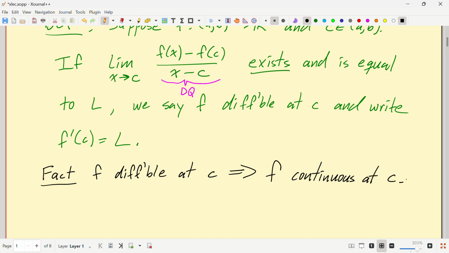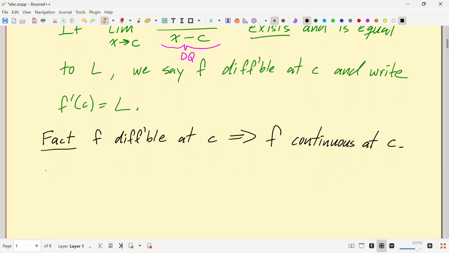That turns out to be an easy thing. Might have gotten glossed over in a freshman class, but the why is pretty easy. Let's say we have the difference quotient, (f(x) minus f(c)) over (x minus c), is tending to L.